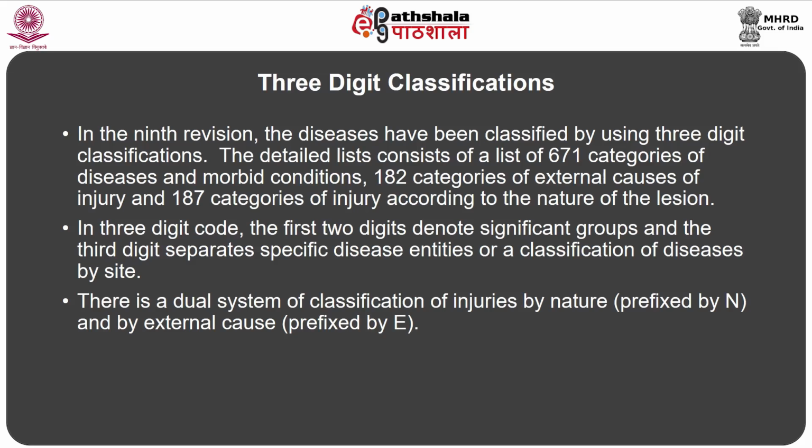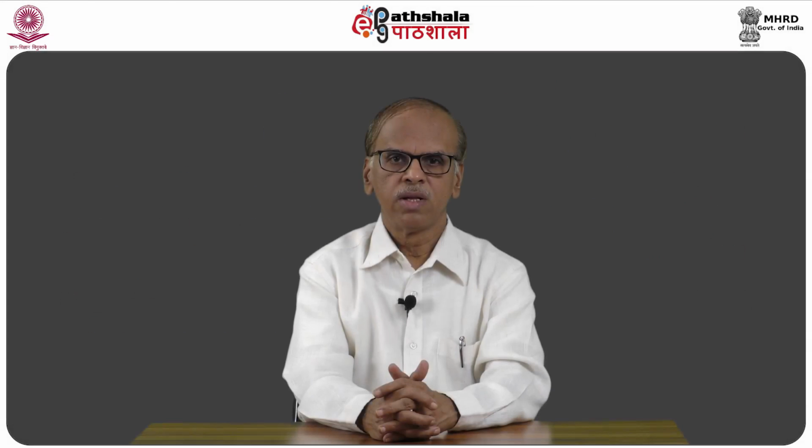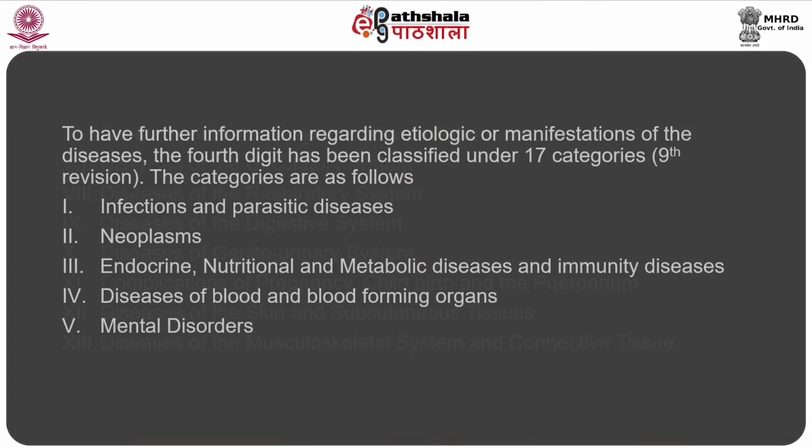There is a dual system of classification of injuries by nature, prefixed by N, and by external causes, prefixed by E. To have further information regarding etiology or manifestation of the diseases, the 4th digit has been classified under 17 categories in the 9th revision.